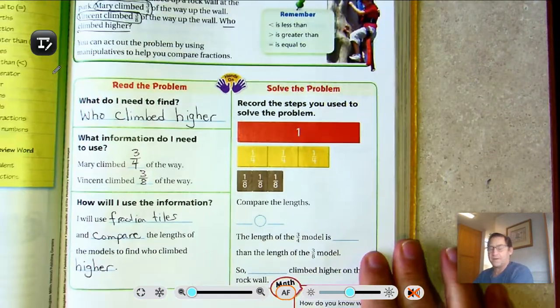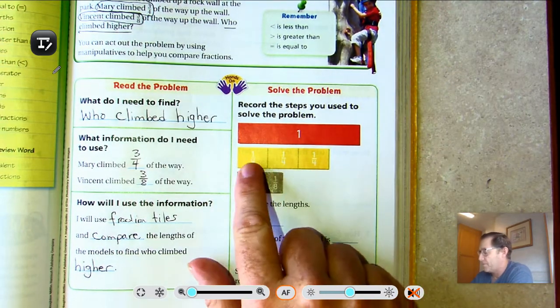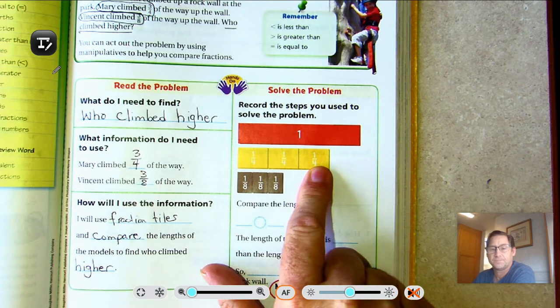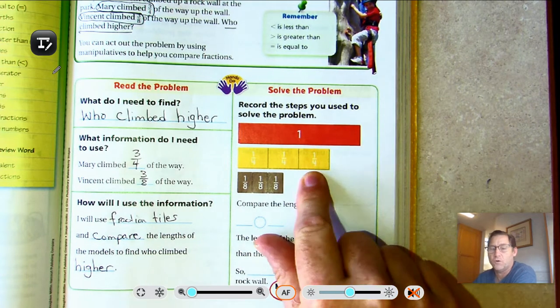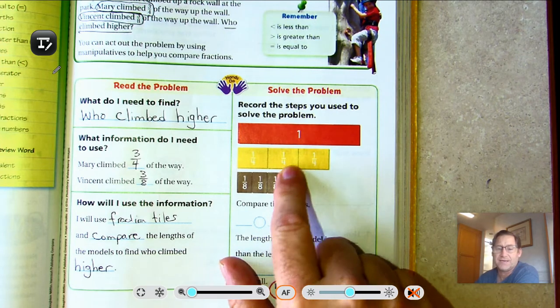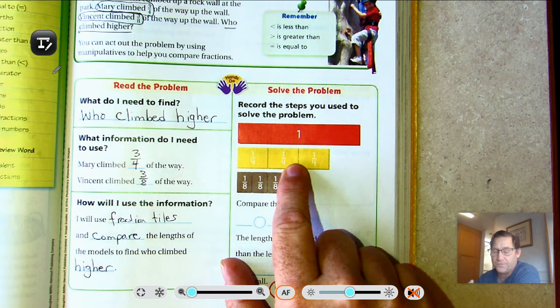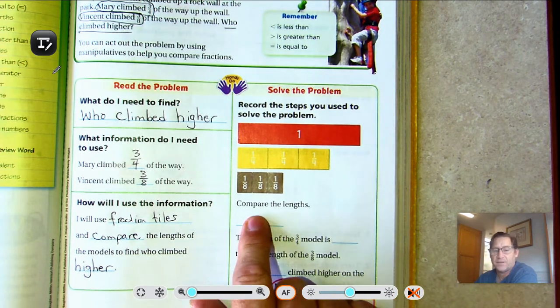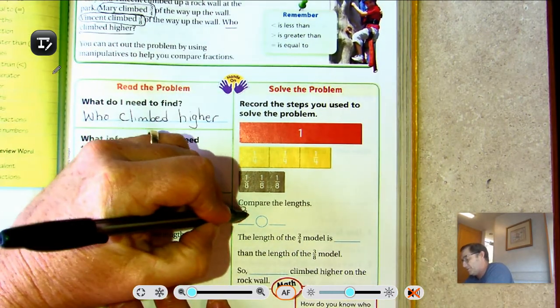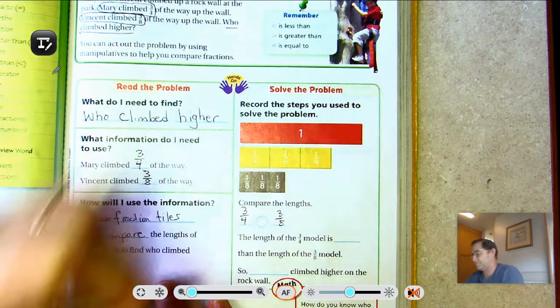So here we see one whole. Then we have 3/4. Okay, so 3/4 is smaller than one whole. And then we have 3/8. And we notice by looking at this that the 3/8 are smaller than the 3/4. So compare the lengths. So 3/4 compared to 3/8.